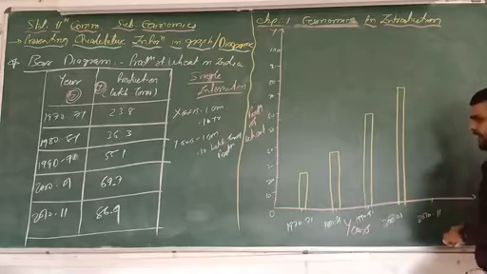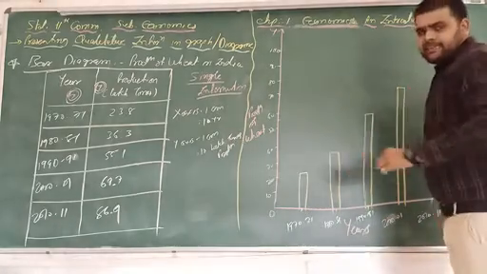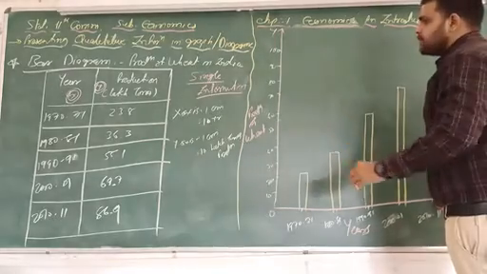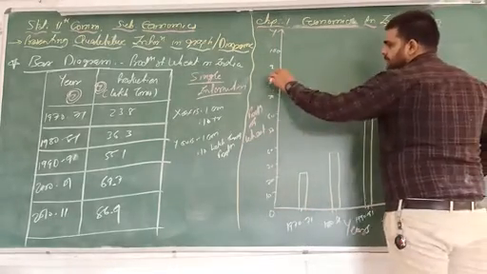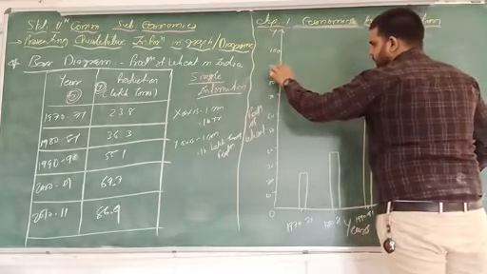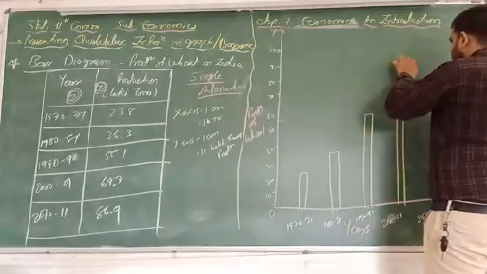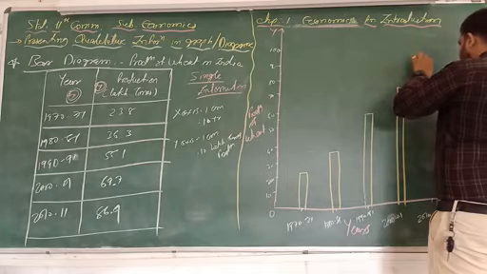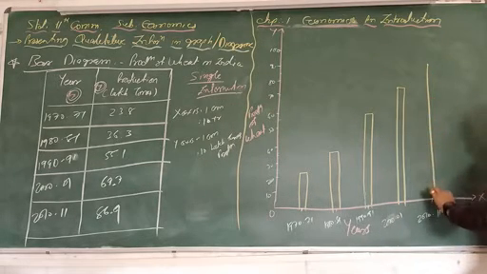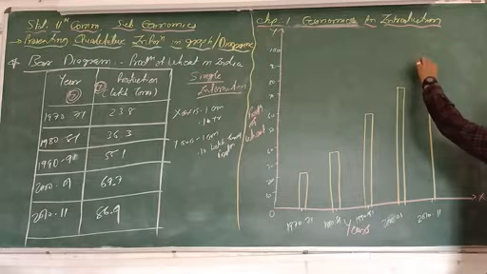And next, number 5, that is 2010-11, 86.9. Between 80 and 90, it is 85, 86, 87, almost 87. So I am drawing these points from here.